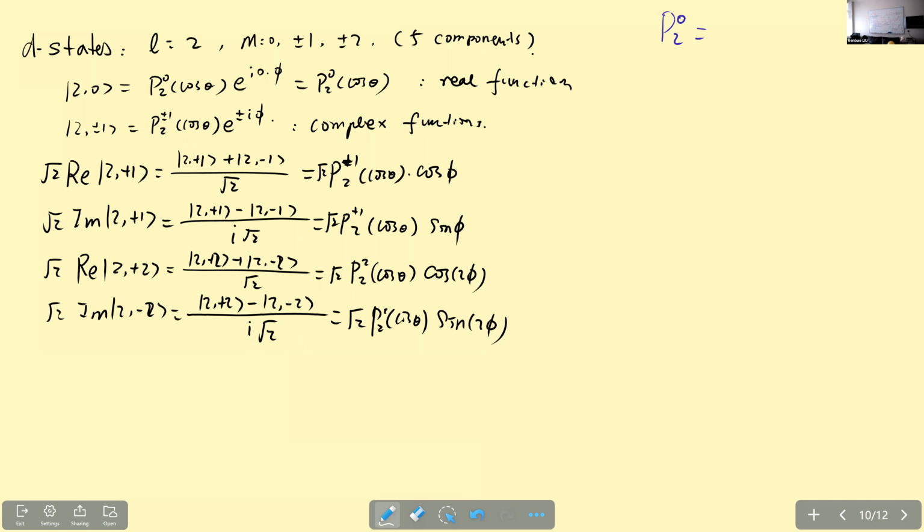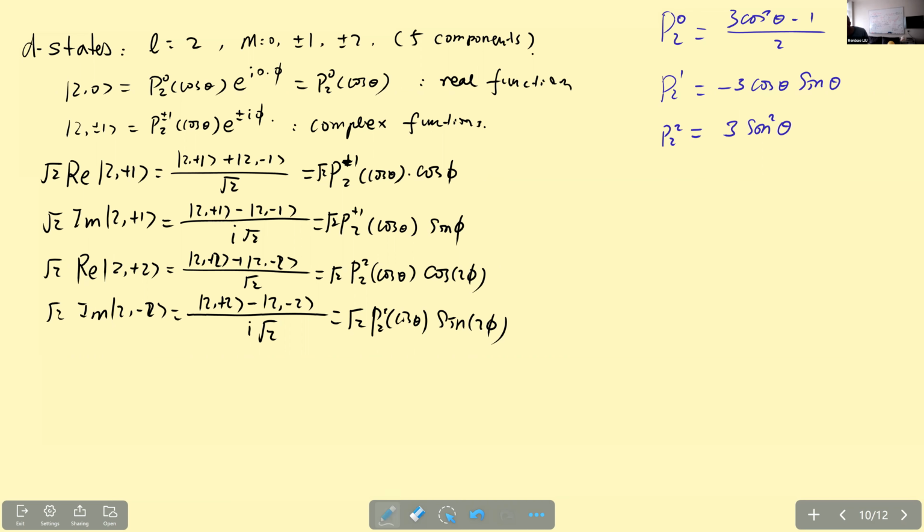It's just 3 cosine squared theta minus 1 over 2. And we also need P_2,1, which is minus 3 cosine theta sine theta, and P_2,2 equals 3 sine squared theta.